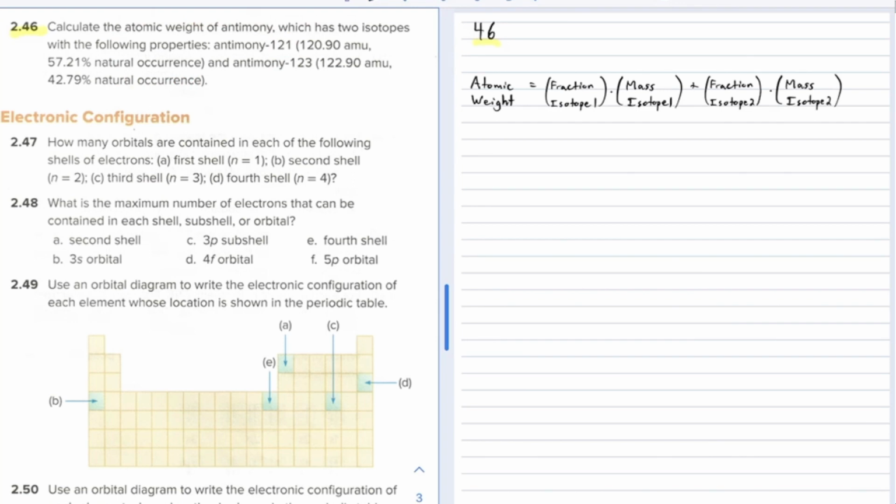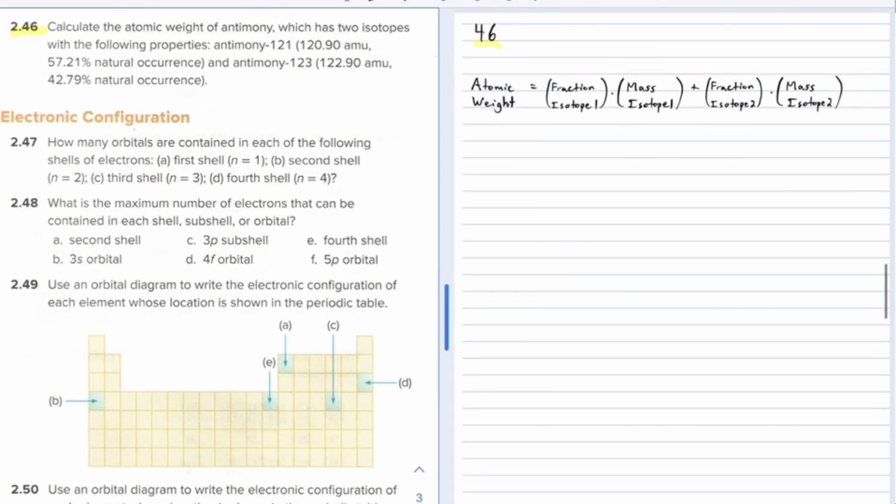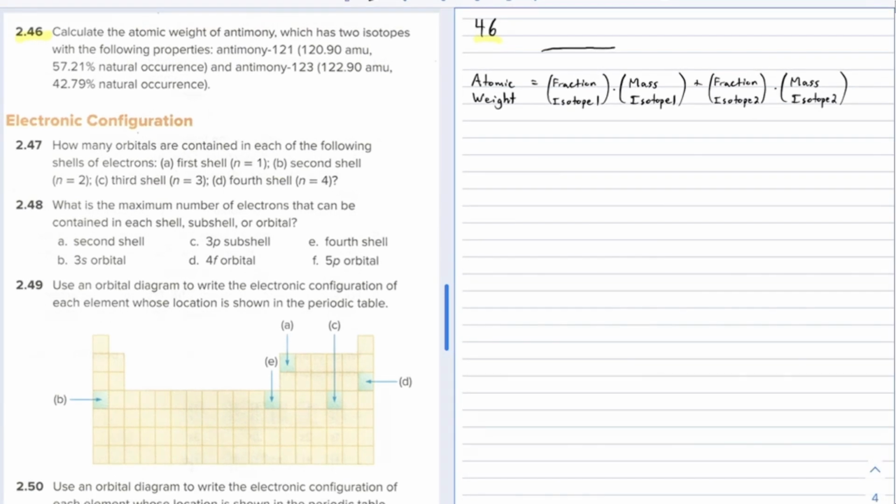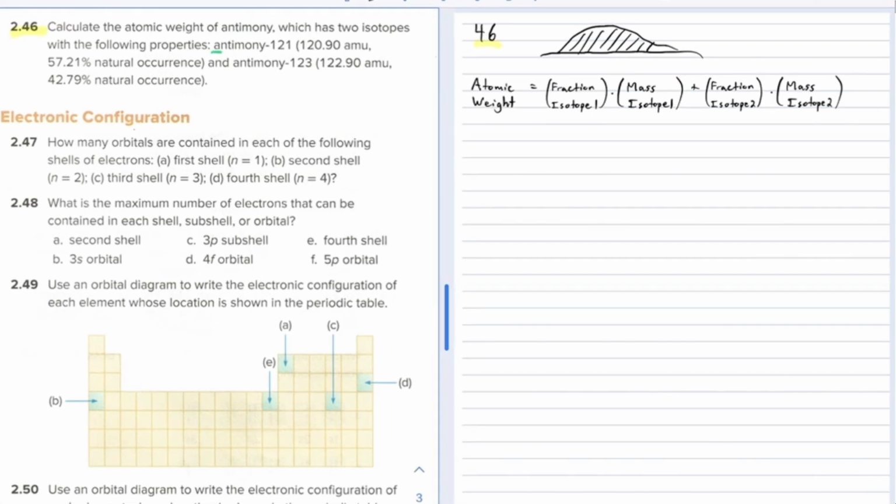What this is really talking about is if you have a pile of antimony. So here I'll just draw a little pile of antimony. Okay, there are two types of antimony atoms. You got antimony-121 atoms, which weigh this much.